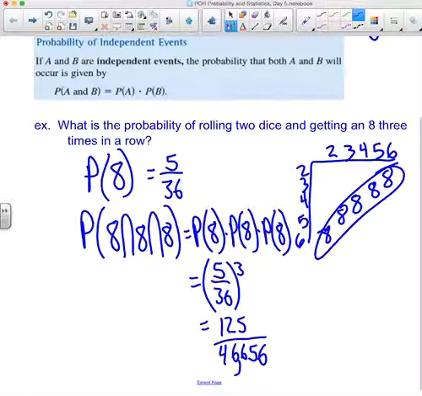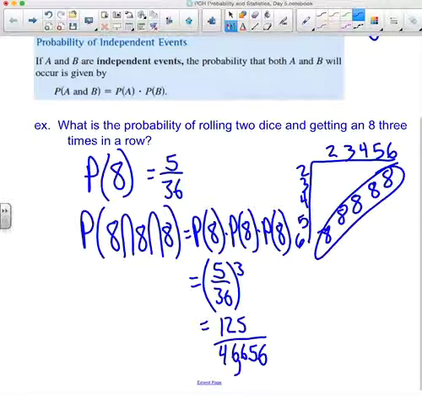Now, if we do something other than a 6 or an 8, those probabilities change because, as we said, 7 has a 6 out of 36 chance. A 2 only has a 1 out of 36 chance to be rolled. So those would be different. But with this, we could compare them. Okay, so those are independent events.